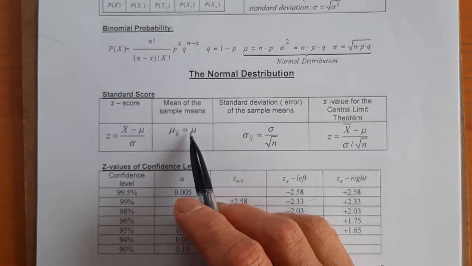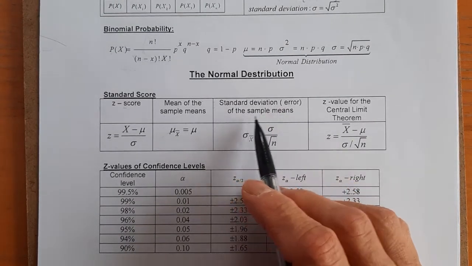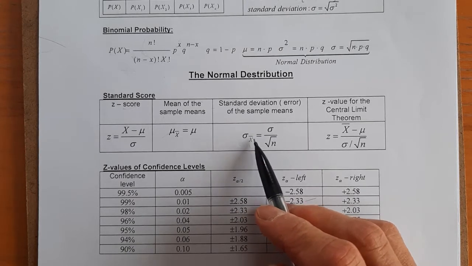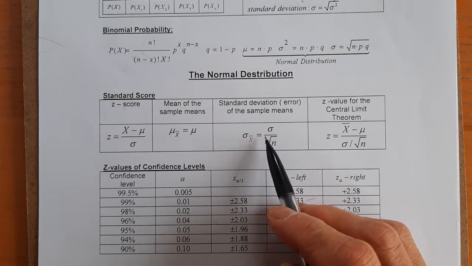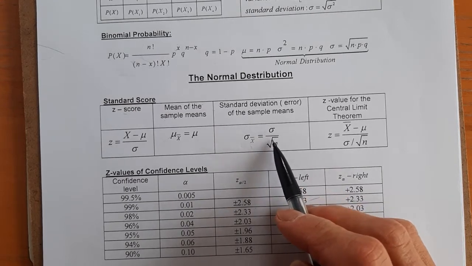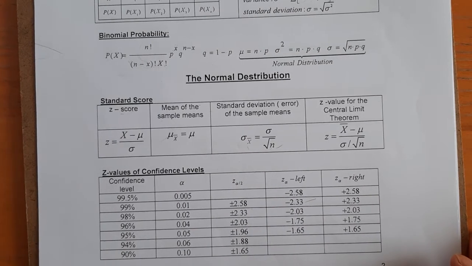The standard deviation, also called the standard error of the sample mean, is the population standard deviation over the square root of n. n is the sample size.